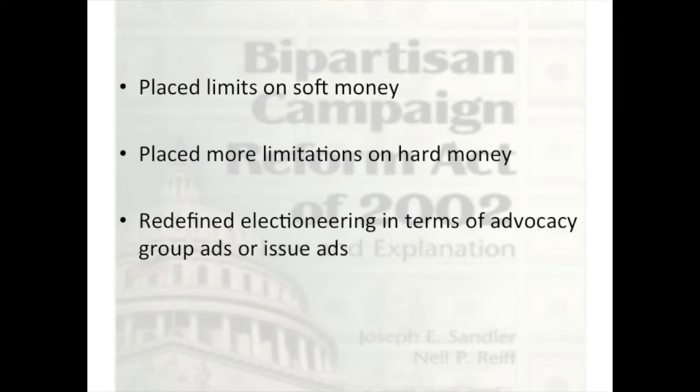The Act, BCRA, also regulated advocacy ads or issue ads. It began to define them as electioneering if they included the name of a federal candidate and were broadcast within 30 days of a primary or 60 days of a general election.